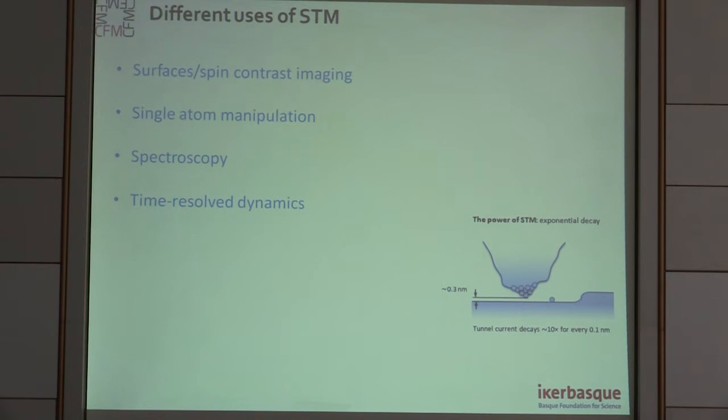On the other hand, as we have seen during these days in the conference, especially in the first talks about the capabilities of STM, we know that nowadays it is possible to use this STM not only to look at the topography of a surface, but also to extract information about the spin texture, for instance using spin contrast imaging, also to manipulate these atoms on the surface, to extract the transitions and then to make the spectroscopy of the system, and even time-resolve the dynamics of the system.